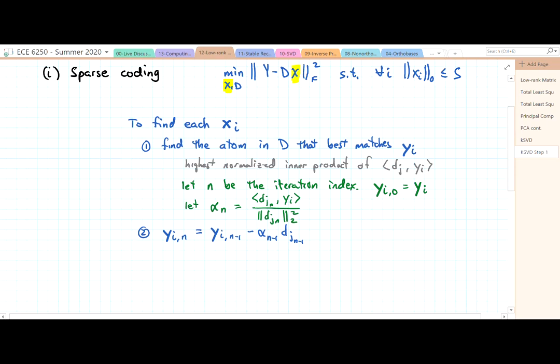Okay. So with that notation, we essentially are saying, let's take our previous y, and subtract out the scaled version of the atom in D that provides the very best match. And so if we do this, our next version of y should now have a smaller norm. We're continuing to whittle away at it.